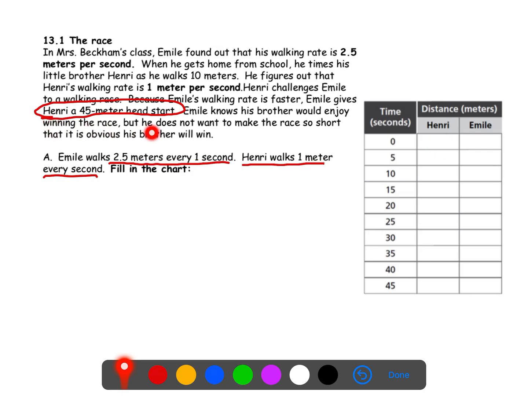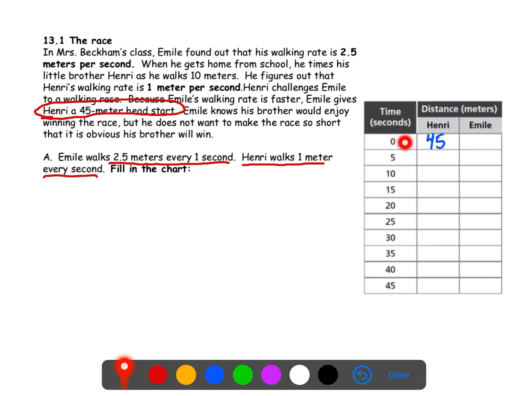But remember, he has a head start. So we're going to begin Henry with 45 meters. Then every second that passes, Henry's going to travel 1 meter. That's his speed, 1 meter every second. So in 1 second's time, he would have gone 1 meter further. So he would be at 46 meters, not 45.